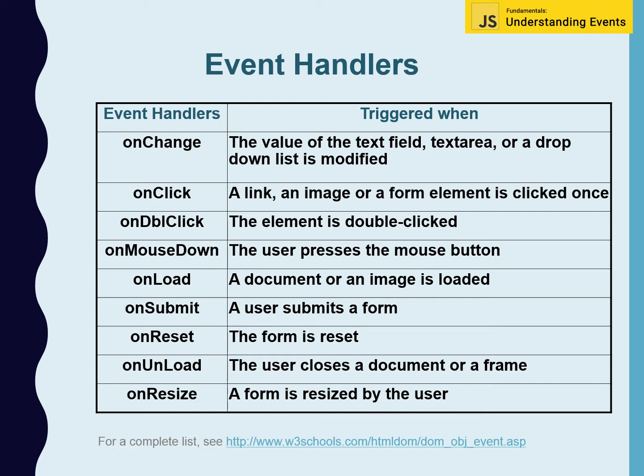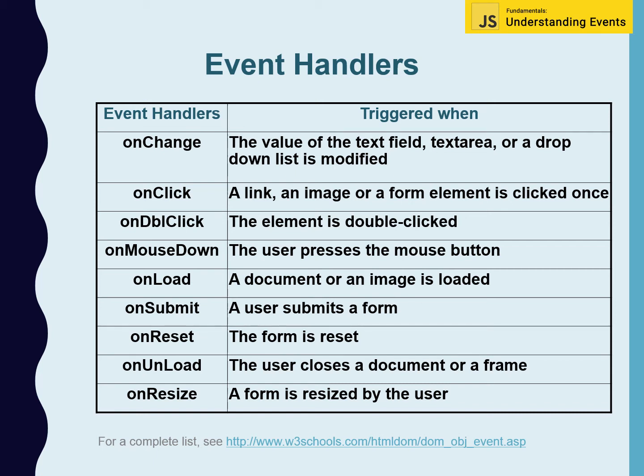We can see when these particular handlers are invoked or triggered. onchange is an event handler. It will be triggered when the value of a text field, text area or drop down list is modified. If we edit a particular text field or text area, or if we change the value in a drop down list, then this onchange event will be triggered.